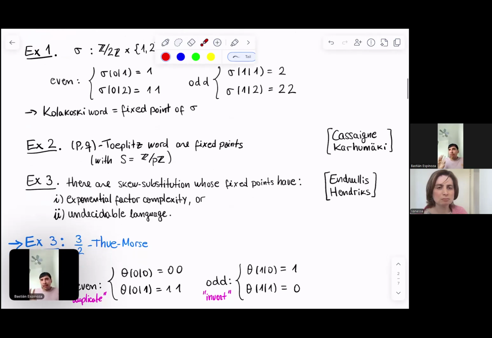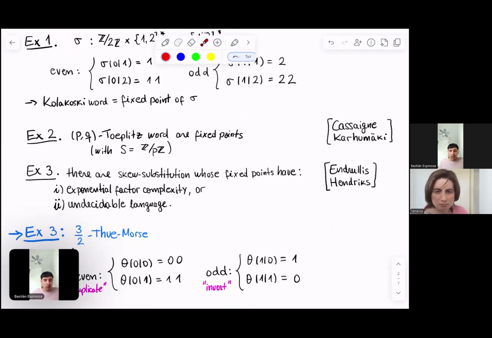And then as a very badly behaved example as well, we have a paper by Andrulis and Hendricks in which they prove that also for these periodically iterated substitutions, and hence for skew substitutions, we can construct words which have, for instance, exponential factor complexity. We can also construct words in which the language is undecidable.